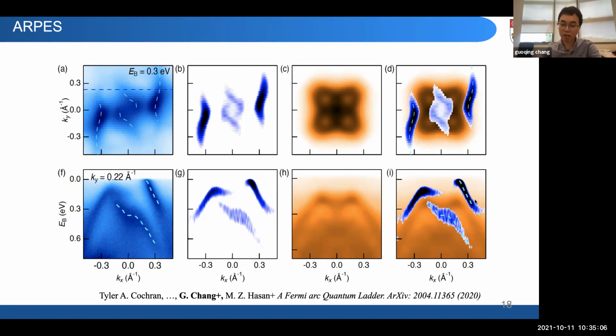If we check the E-k dispersion, this is the lower band and this is the middle band. The upper band is above the Fermi level, so we cannot see it. But you can see these arcs connecting the middle and lower bands, and this Fermi arc connects the middle band all the way up to the higher bands. So with these measurements, we fully demonstrate the topology of the multifold chiral fermions.